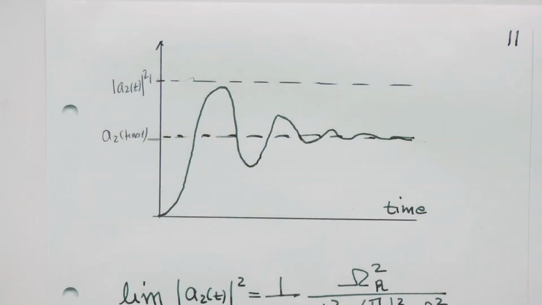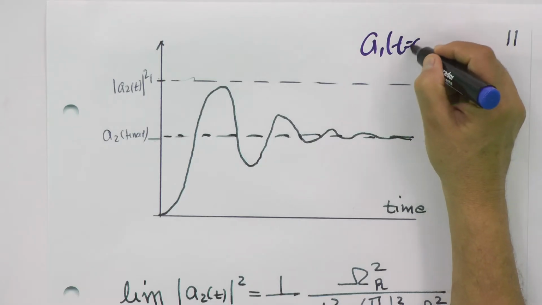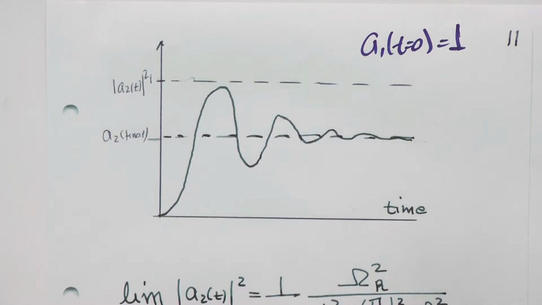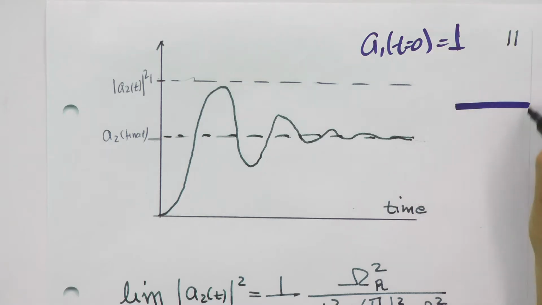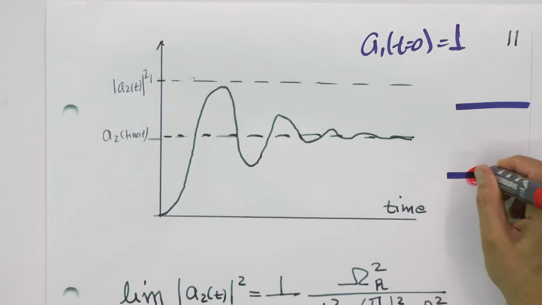So what's happening with the probability? Let's do the same thing. We start with the population: A1 at t equals 0 is 1. This means we have the two levels, and at t equals 0 we start with the population in level 1.